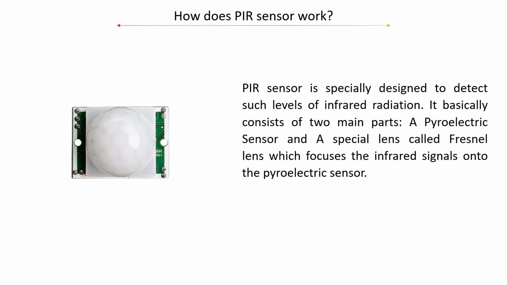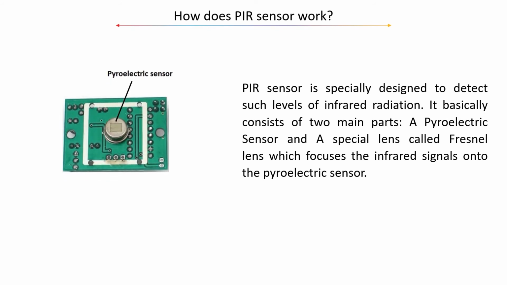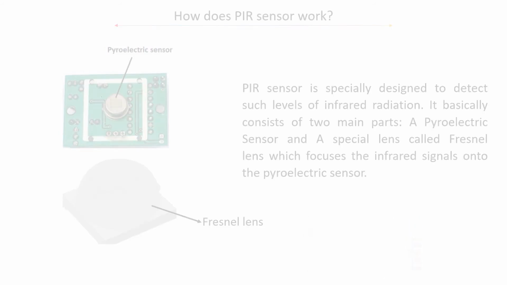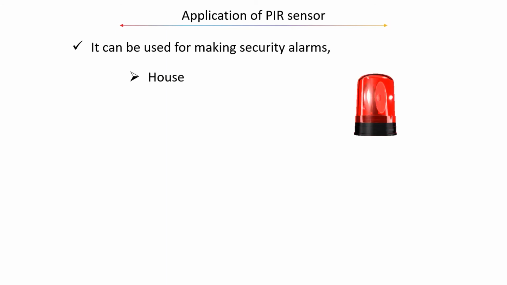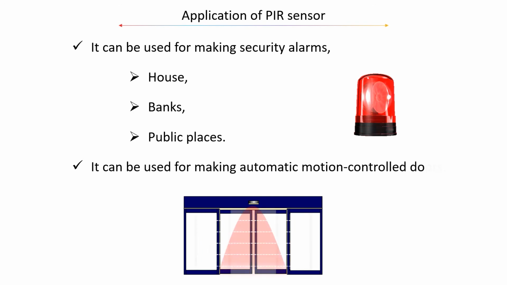It basically consists of two main parts: a pyroelectric sensor and a special lens called Fresnel lens, which focuses the infrared signals into the pyroelectric sensor. Application of this sensor: it can be used for making security alarms, for detecting any intruder at your house or banks or public places. It can also be used for making automatic motion controlled doors.